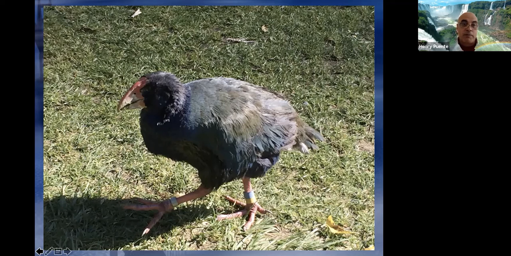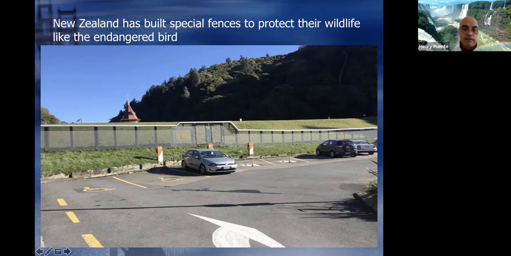I want to say there's maybe 100 birds left in all of New Zealand. The takahe essentially was killed by people because apparently it's tasty. It was killed by rats, by dogs, and by cats, because when the Europeans came to New Zealand, they brought their pets, their dogs, their cats, and they brought rats.